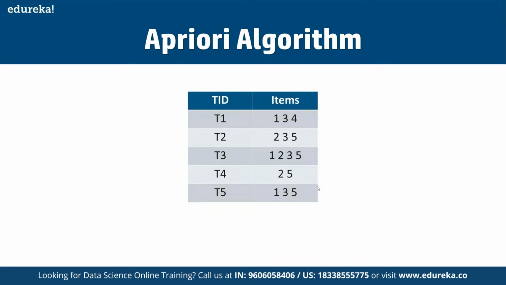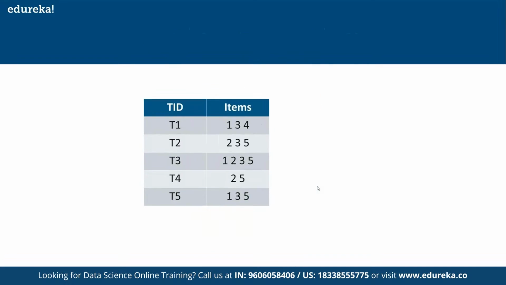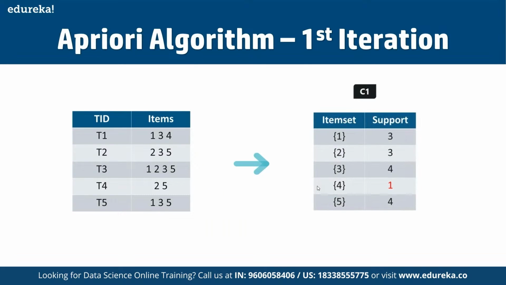If we talk about the first iteration, let's assume the support value is 2. Then we can create the item sets of size 1 and calculate their support values, as you can see here. The item 4 has a support value of 1, which is less than the minimum support value.